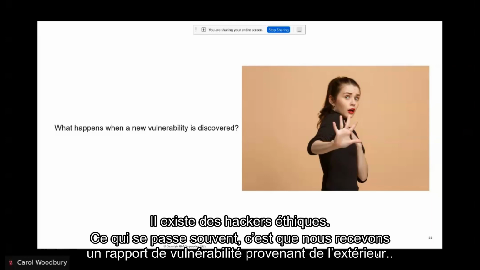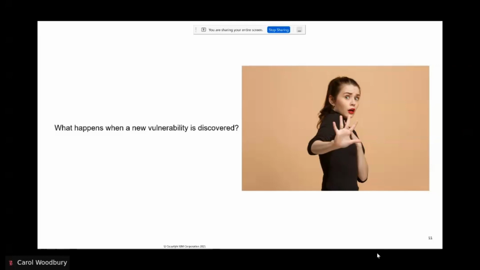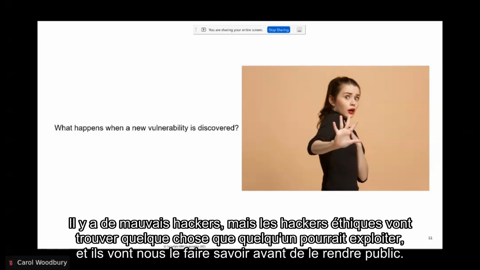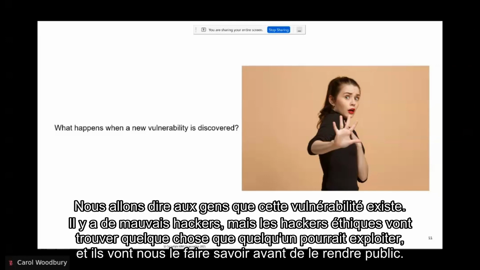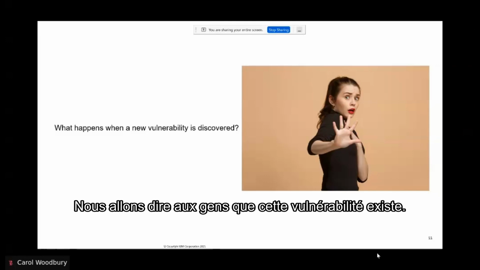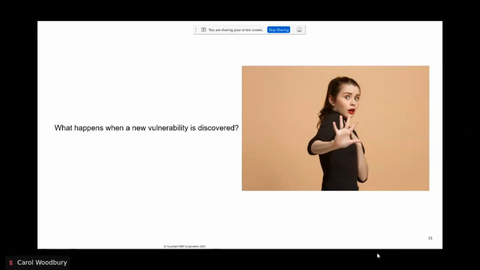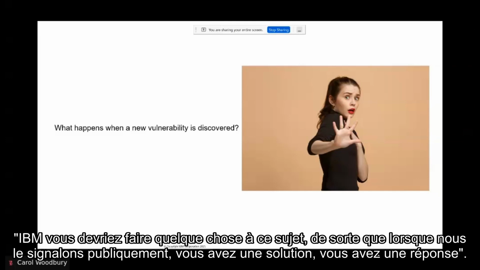There are ethical hackers, there are bad hackers, but the ethical hackers will find something that somebody could exploit, and they will let us know before they make it public. We're going to tell people that this vulnerability exists. IBM, you should do something about it so that when we report it publicly, you have a remediation. You have an answer to it.